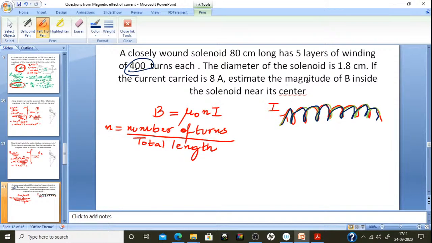So how many turns are there in total? For each layer of the solenoid there are 400 turns, and since there are 5 layers, 5 into 400. So the total number of turns is how much? 5 into 400, this is equal to 2000.